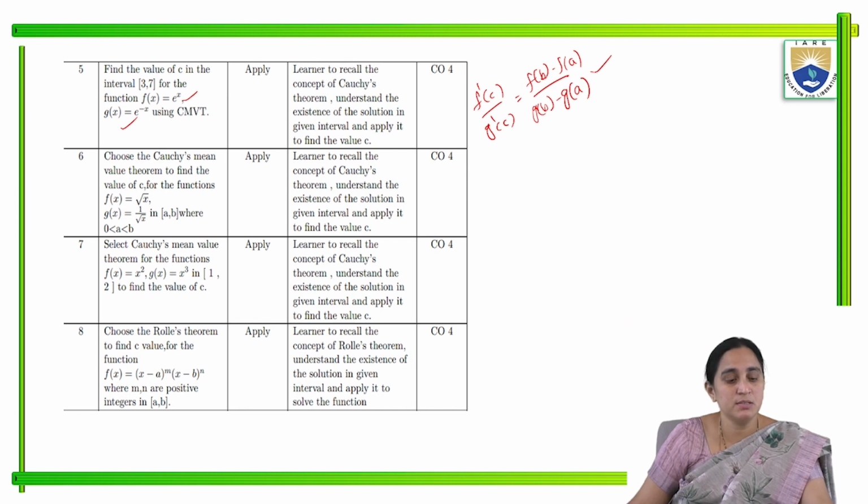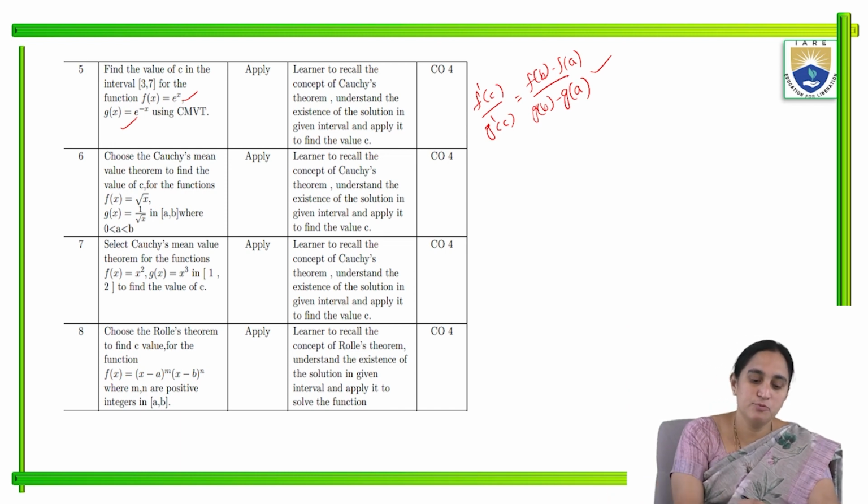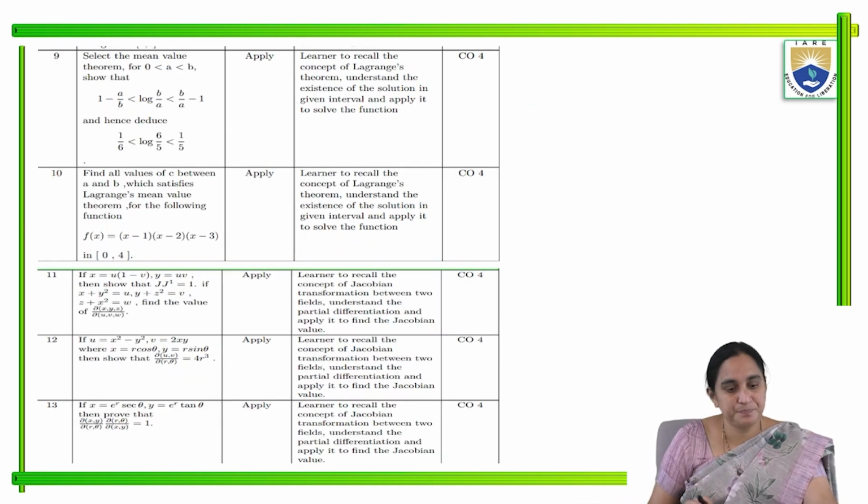This is also the same as the fifth and sixth questions. Same theorem, same concept. And the eighth question, use Rolle's theorem to find the c value for the function f of x is equal to (x minus a) whole power m into (x minus b) whole power n, where m comma n are positive integers, in (a, b). This is from Rolle's theorem, same as the first and second questions.